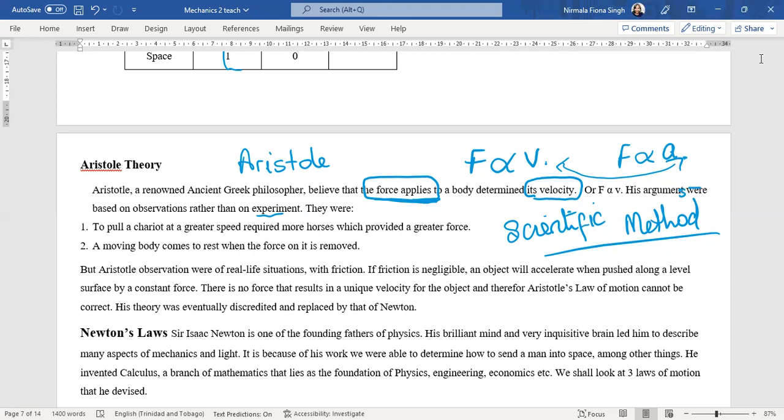So what he did, he didn't form any hypotheses. He didn't make any experiments to check what he was saying. He just looked at how a few things were behaving, and he made a blanket statement from that. Sometimes that works, guys, and sometimes it does not. It epically fails.